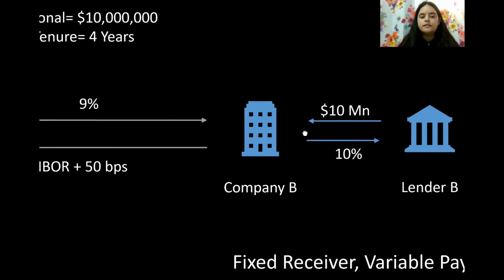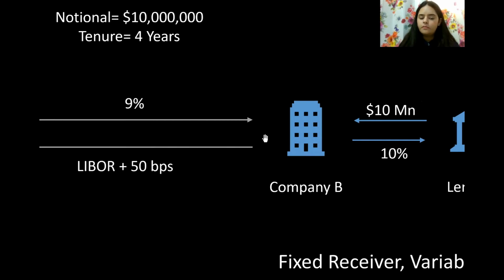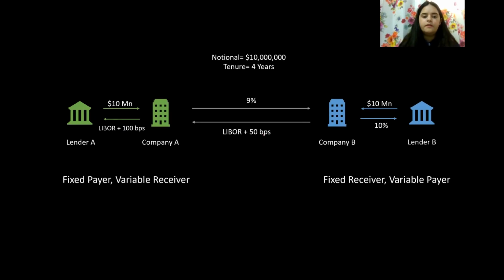So it enters into a swap with company A, in which it receives 9%, which partially offsets this payment of 10%, and it pays a variable interest rate of LIBOR plus 50 bps to company A. So it is basically paying LIBOR plus 10 minus 9, that is 1%. So LIBOR plus 100 bps.